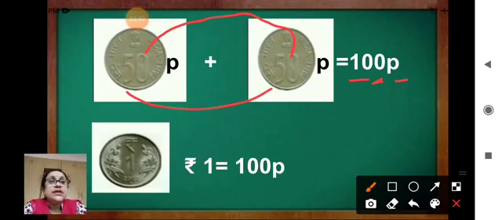And this P is for paise. So 50 paise plus 50 paise equal to 100 paise. Now rupees 1, you can see the 1 rupee coin equal to 100 paise. Understood?